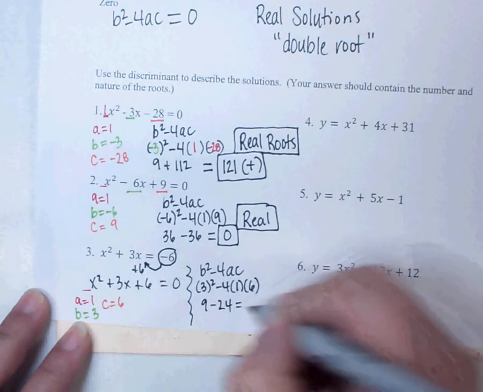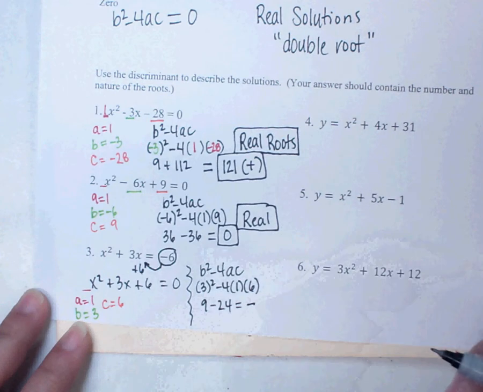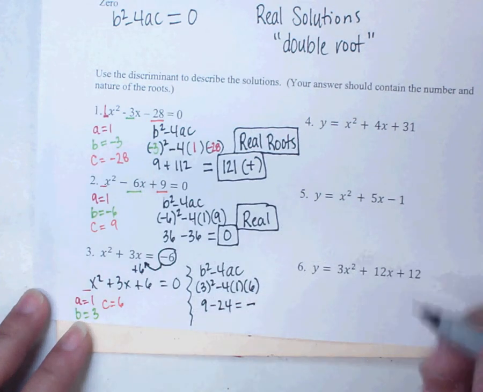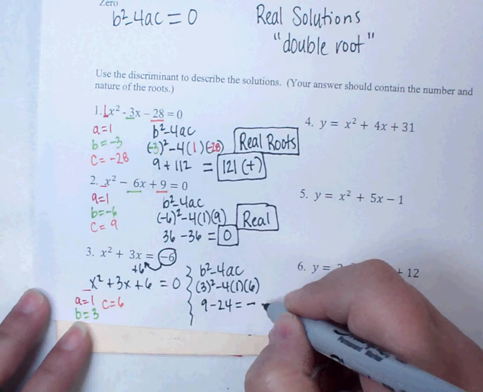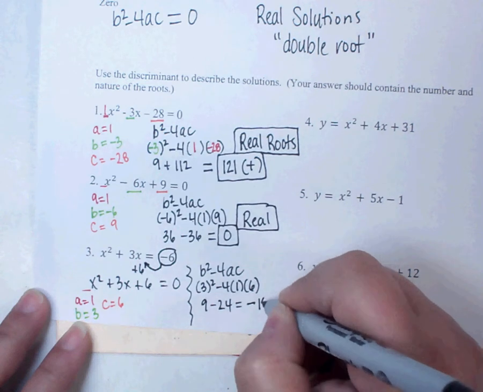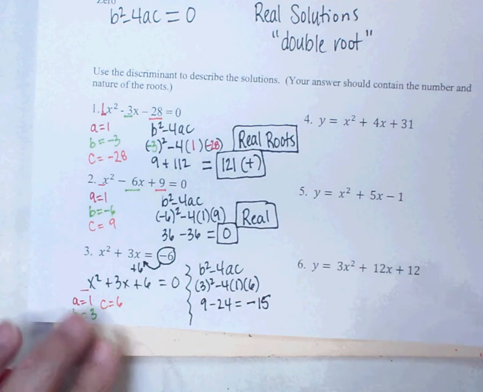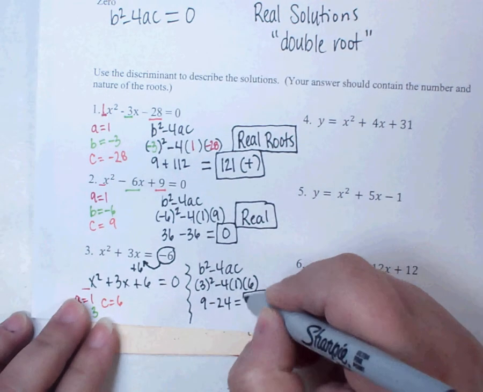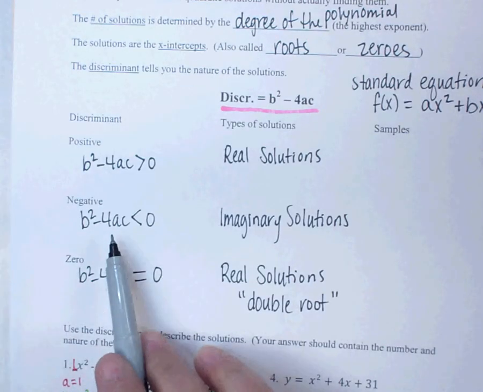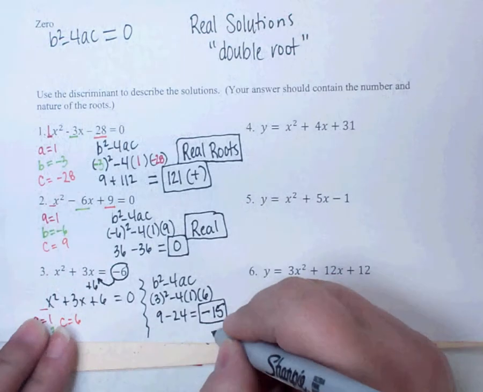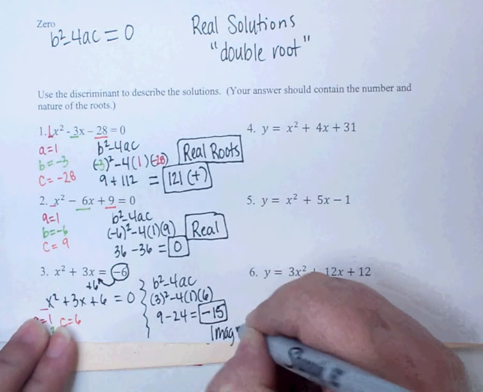Okay, looky there, we're going to have a negative. That is equal to negative 15. So it is a negative. And if we go back up here and see what happens when it's negative, it has imaginary solutions. So these are going to be imaginary roots.